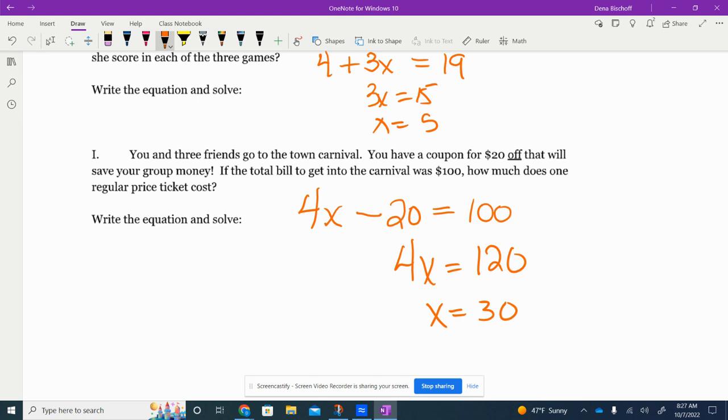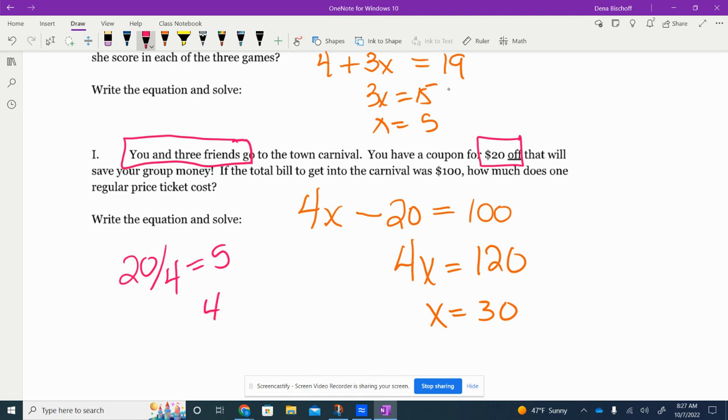So I want to tell you how I thought about this question, honestly, because I use coupons all the time. So 4 people are saving a total of $20. 20 divided by 4 is 5. This is just how my brain thought about it. So each person gets $5 off their bill.